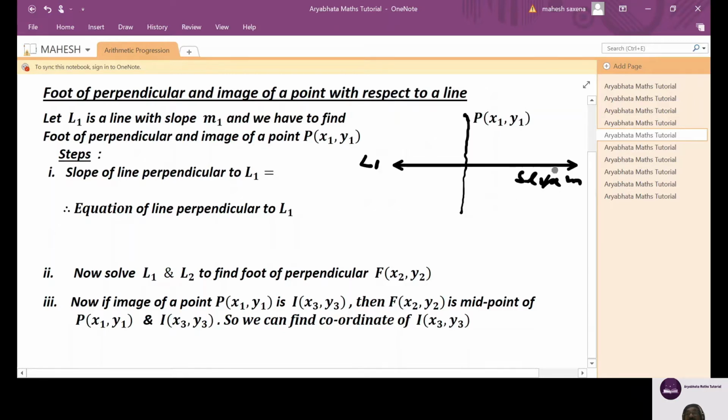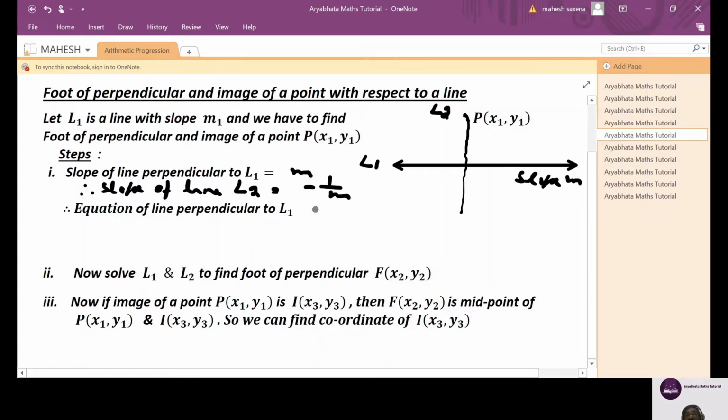Suppose this line is L2. Since the slope of line L1 is m, the slope of line L2 will be minus 1 upon m.